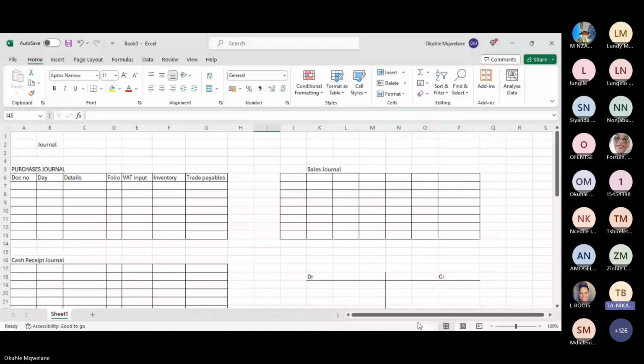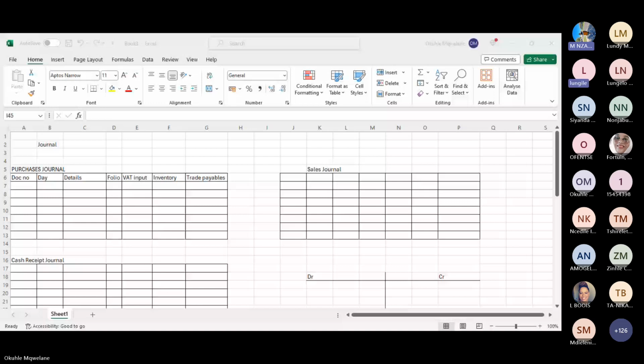There's a hand. Can someone try and unmute them? I've been trying. I think I've been unmuted. Okay, please go ahead. Hello. On this one, it says purchase merchandise on credit from TR wholesalers for 23,541. So on the purchases journal, this example doesn't have the doc number and doesn't say which day it is.